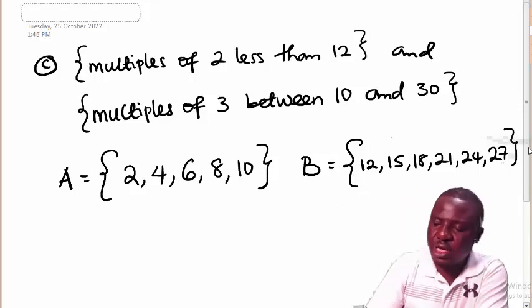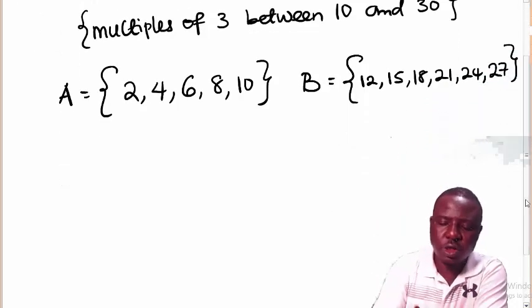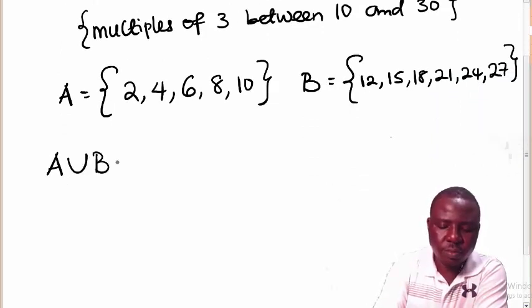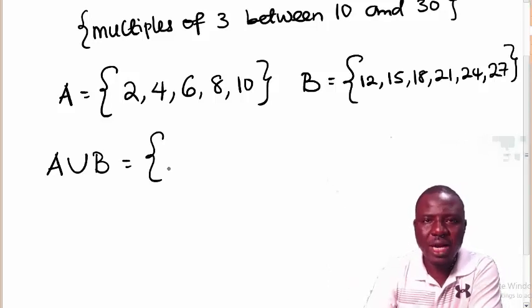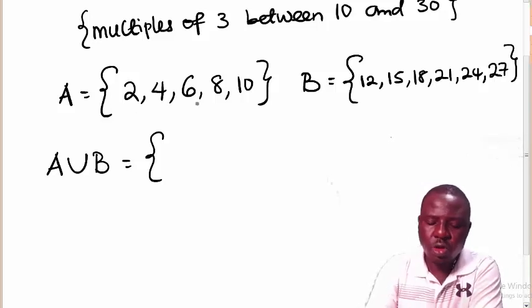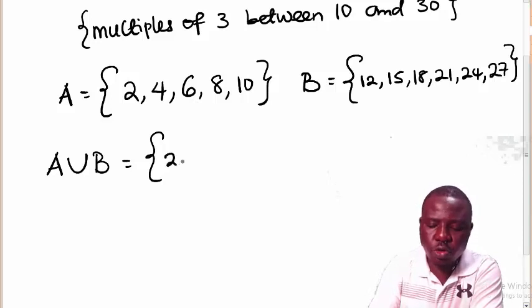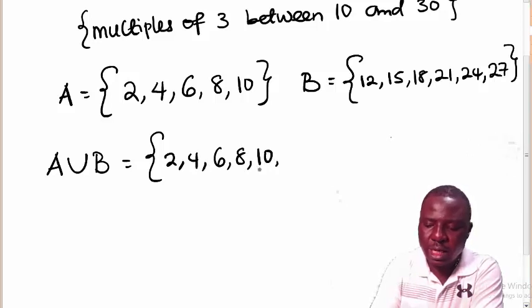Now we are asked to find the union of these two sets. That is, A union B will be equal to, remember, union means all that is in A plus all that is in B without repetition. So I'm going to write them in ascending order. This becomes 2, 4, 6, 8, 10.